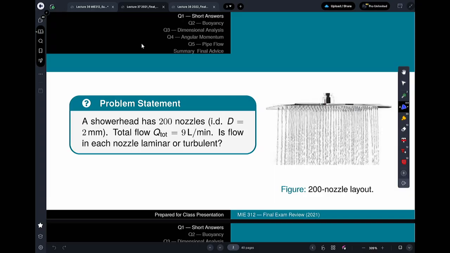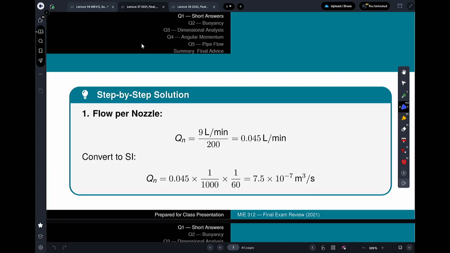So each nozzle is getting the same amount of water as any other nozzle. When you divide it, you get 0.045 liters per minute. Then solve for cubic meters per second, and you end up with 7.5 times 10 to the minus 7 meters cubed per second per nozzle.